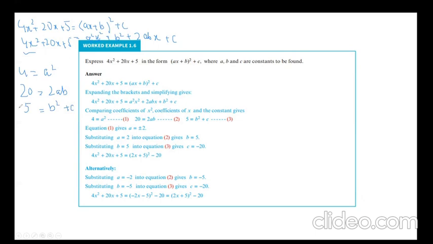Now putting the value from equation 1, taking the square root, so a equals plus minus 2.